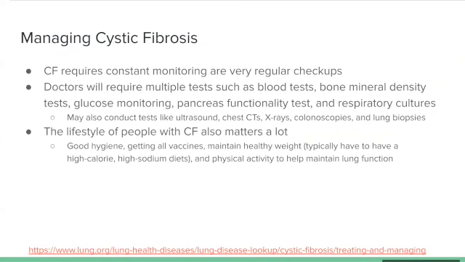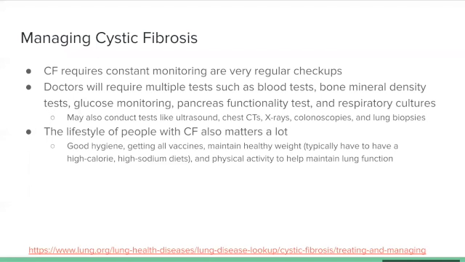For managing cystic fibrosis, this usually requires constant monitoring and constant trips to the doctor for checkups. People with cystic fibrosis usually require multiple tests like blood tests, bone mineral density tests, glucose monitoring, pancreas functionality tests, and respiratory cultures.